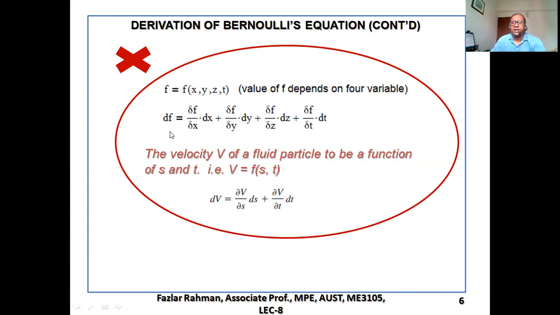How do we figure out df? df equals del f by del x into dx, del f by del y into dy, and so on. Similarly, the velocity of the fluid particle is a function of s and t, so v equals a function of s and t. And we match with this formula. We want to figure out the change of velocity: dv equals del v by del s into ds plus del v by del t into dt. Okay.